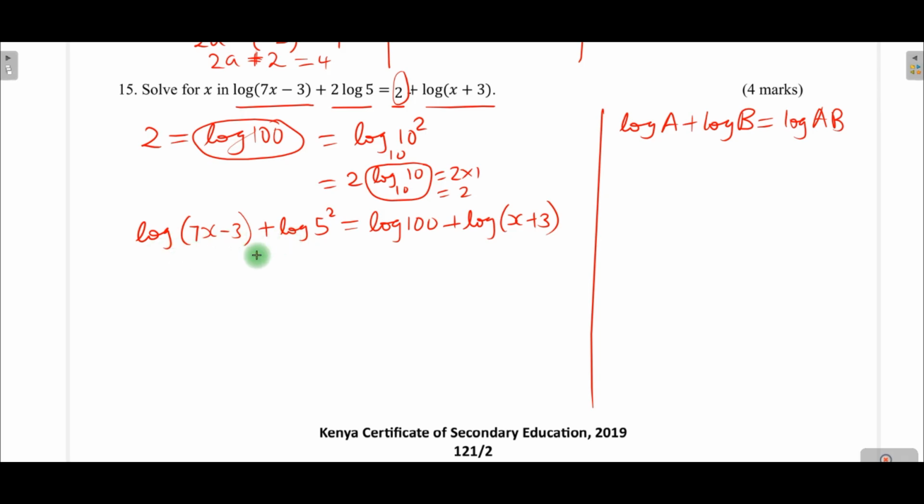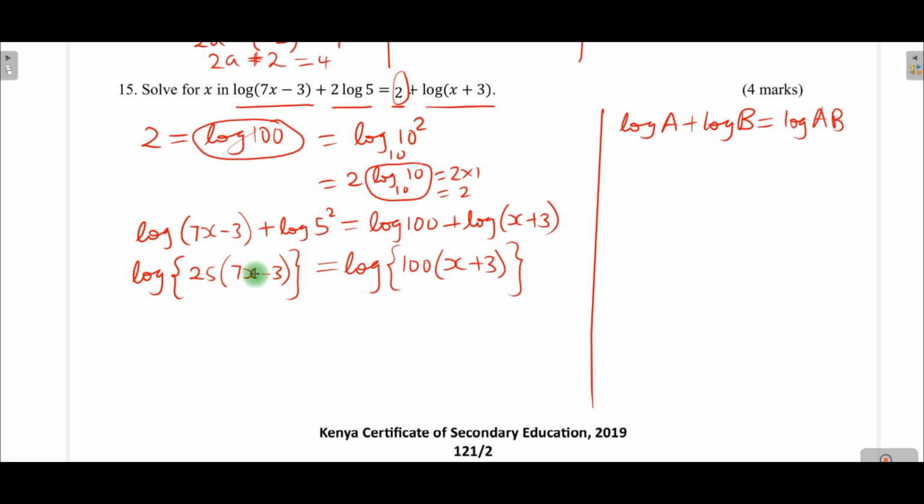Therefore, the first one can be written as log of 25 times 7x minus 3. Applying these laws of logarithm, the other one will be equal to log of 100 multiplied by x plus 3.